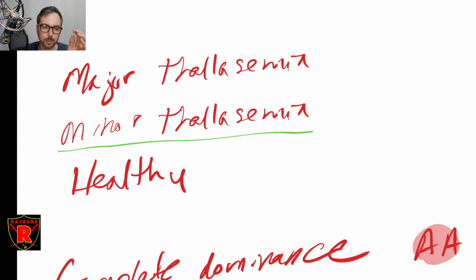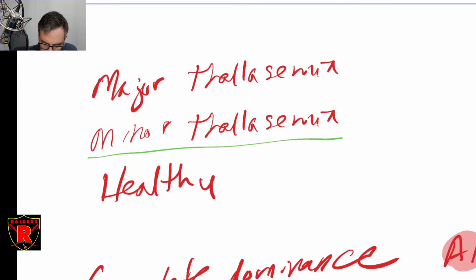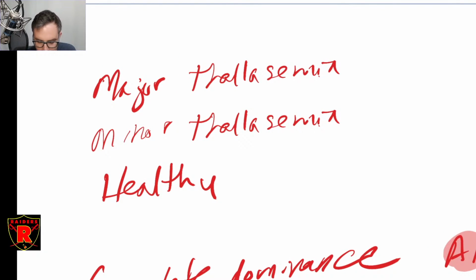Right. It's when you make an incorrect form of hemoglobin. Okay? So, there are 3 types of thalassemia that you can have. There's major thalassemia, there's minor thalassemia, or you could be healthy.